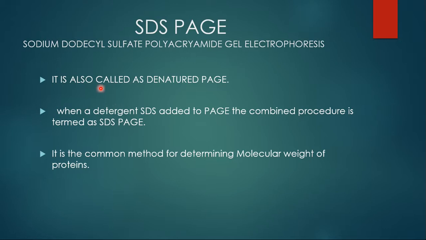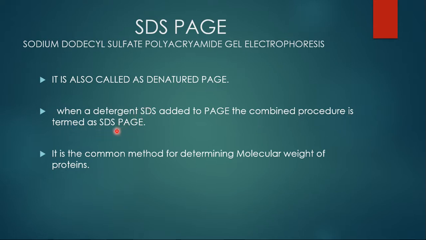This technique is widely used in biochemistry, forensics, and molecular biology, especially to separate proteins according to their electrophoretic mobility. So we are going to use SDS-PAGE mainly in the separation of proteins. Okay, and when a detergent called SDS is added to the PAGE, the combined procedure is termed SDS-PAGE.